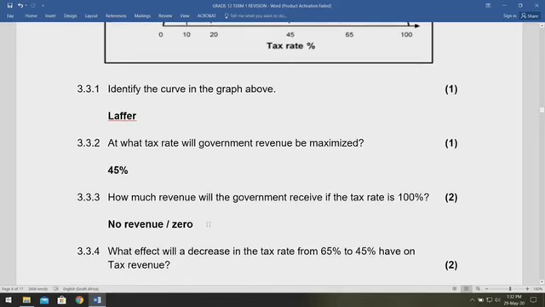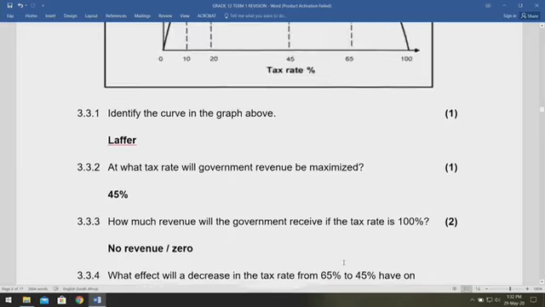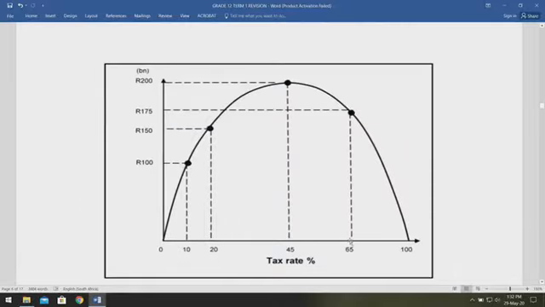Right. What effect will a decrease in tax rate from 65 to 45% have on tax revenue? If they decreased it from 65 to 45, at 65, government is earning 175 billion, but at 45, they're earning 200 billion. So when there's a decrease, government is going to be earning more money.